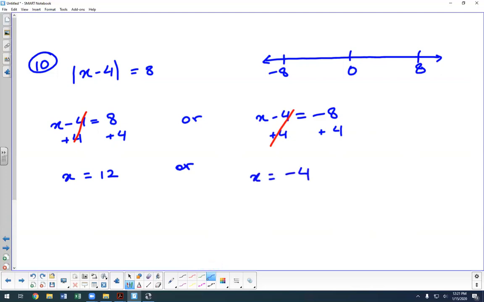So negative 4 means somewhere halfway here, negative 4 minus 4 will also give us a distance of 8. So x could be either of those numbers. So your solution set, again, we use those brackets here, will be negative 4 or 12.